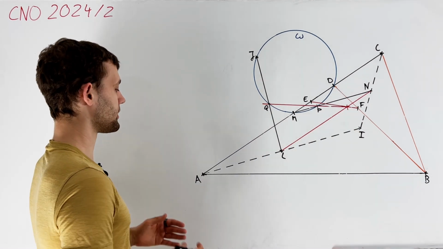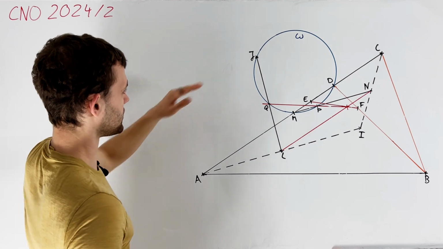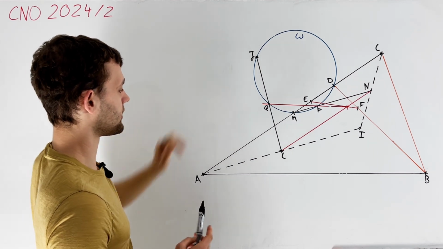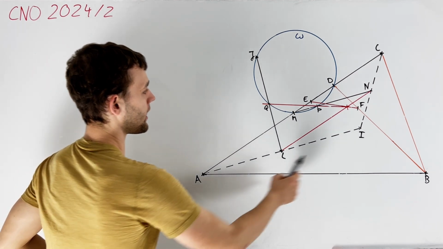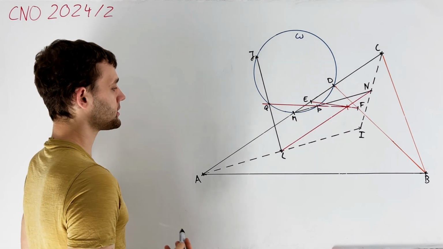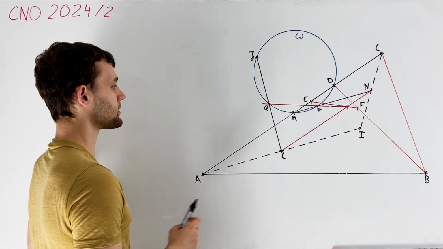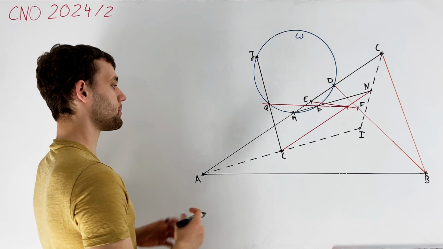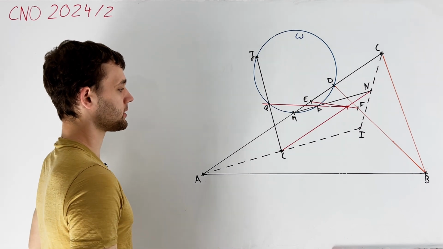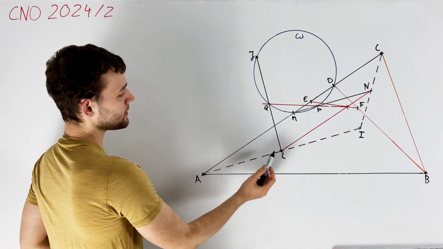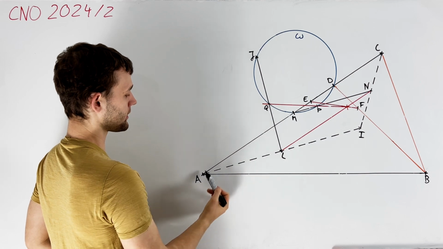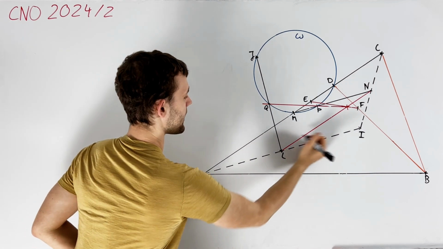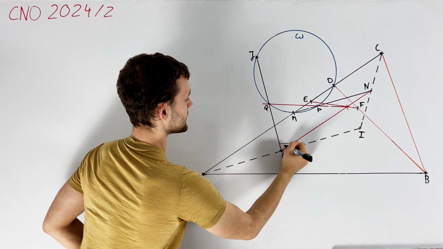I want to begin with some observations about point J, which we have defined as the circumcenter of triangle AIC. We also gave names to the midpoints of all three sides of that triangle and therefore obtain a bunch of right angles. For example, JL is the perpendicular bisector of side AI and therefore angle ILJ is equal to 90 degrees.